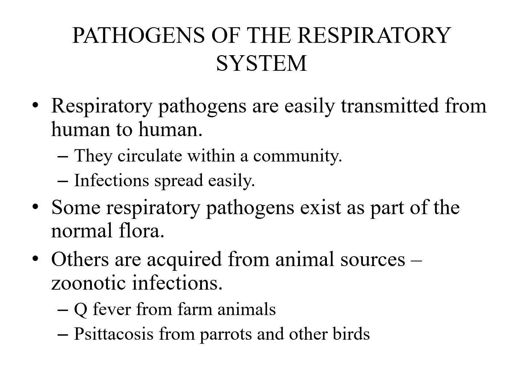Some respiratory pathogens exist as part of the normal flora. We've already talked about that. Others are acquired from animal sources. We call them zoonotic infections. Zoonotic infections are infections where the infectious agent is transmitted to humans from animals. So when we talk about Q fever, it comes from farm animals.